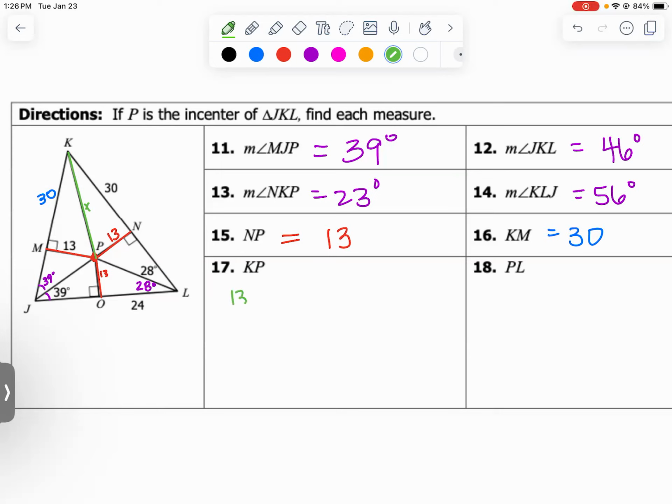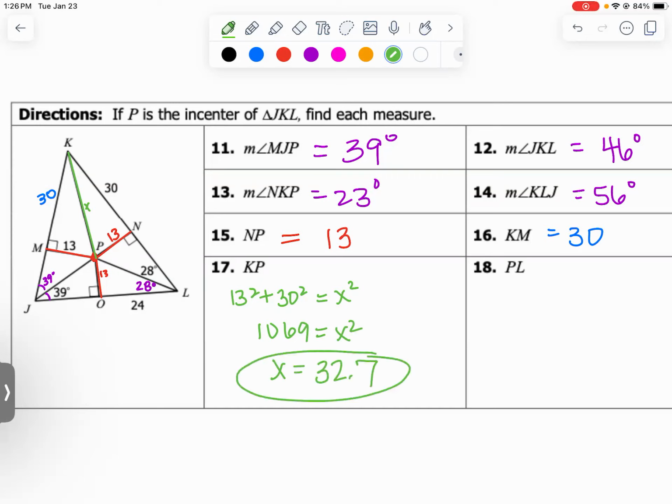So we're gonna use 13 squared plus 30 squared equals X squared. 1,069. And what's this? 32.7. Okay.